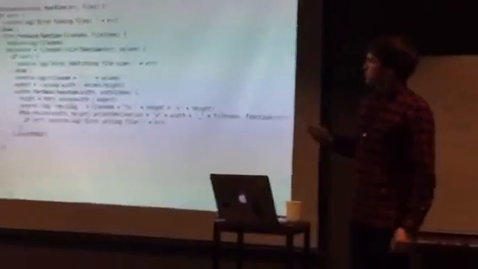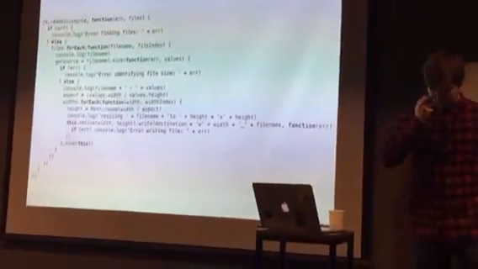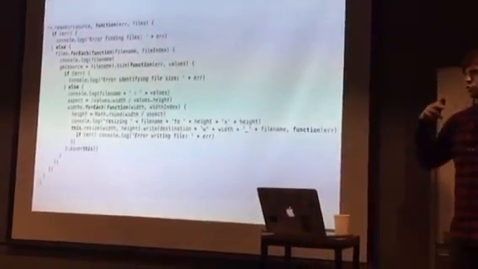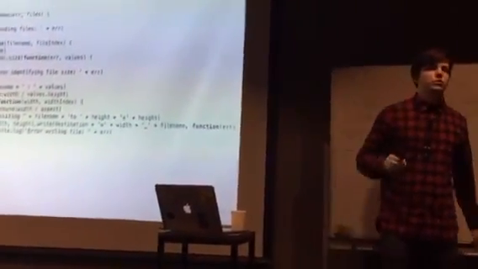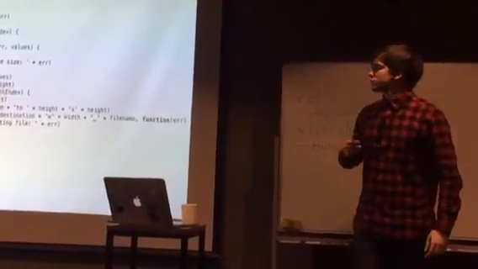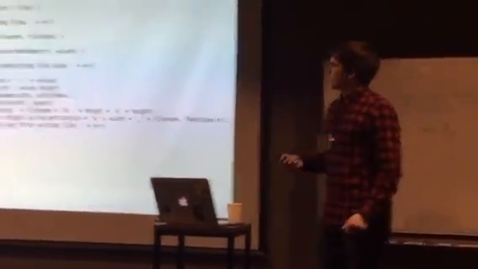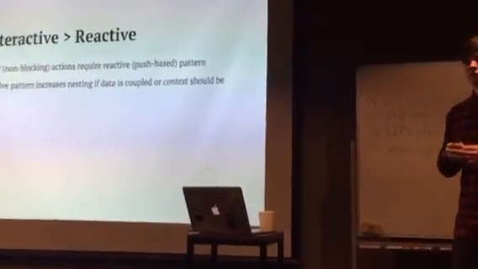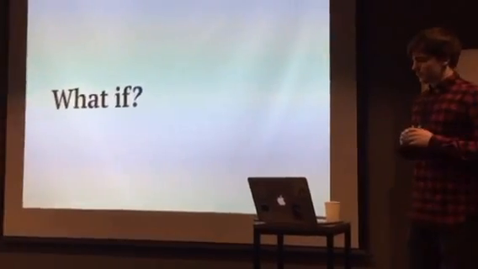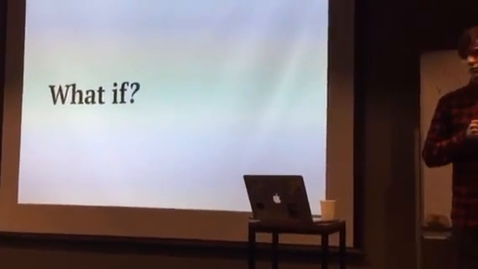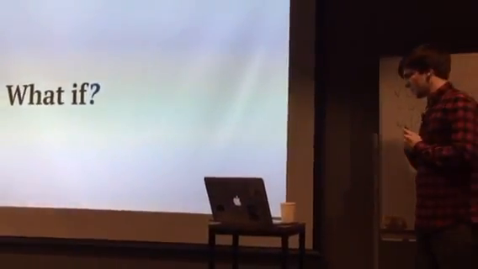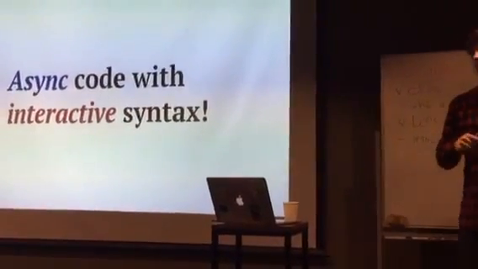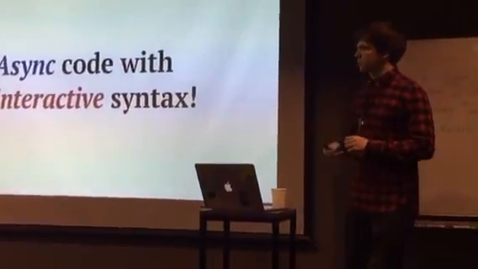And looking at this code, we can see that just because data is coupled, we have to make different requests, have to call different functions with the previous result. The reactive pattern increases nesting and it increases the complexity of your code. So the idea I'm trying to talk about: what if we can make non-blocking code in the same way we are doing blocking code, just synchronous code?